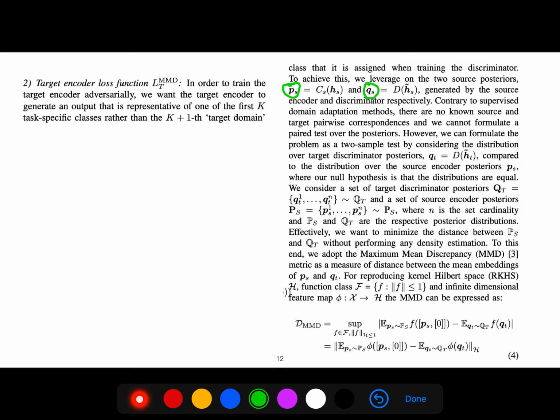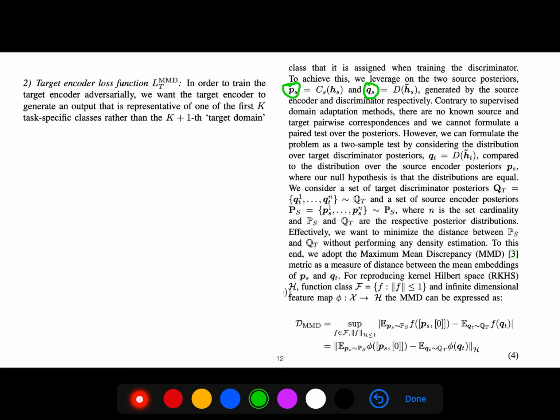Contrary to supervised domain adaptation methods, there are no known source and target pairwise correspondences, and we cannot formulate a paired test over the posteriors. However, we can formulate the problem as a two-sample test by considering the distribution over target discriminator posteriors compared to the distribution over the source encoder posteriors, where our null hypothesis is that the distributions are equal.